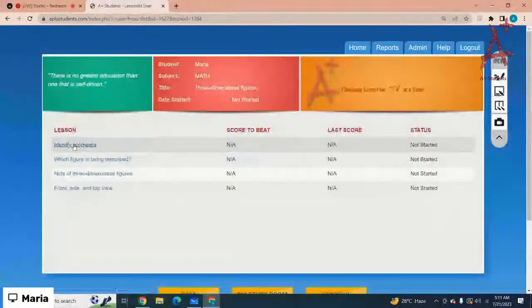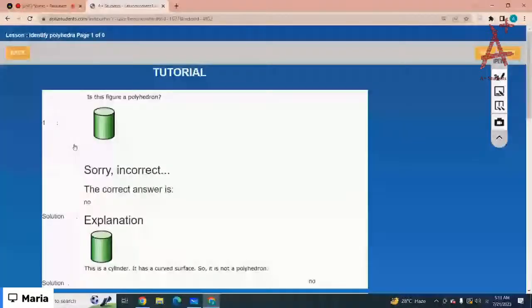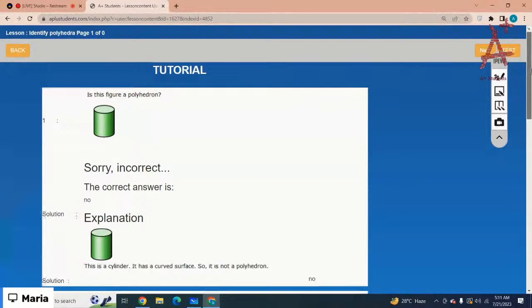Okay, is this figure a polyhedron? No, this one is the cylinder. It has a curved surface, so it is not a polyhedron. Is this figure a polyhedron?